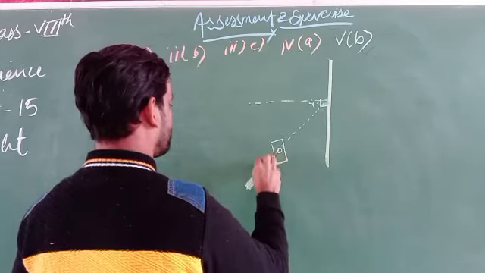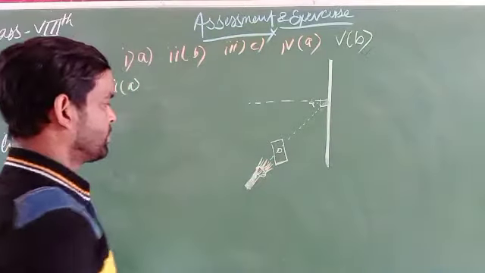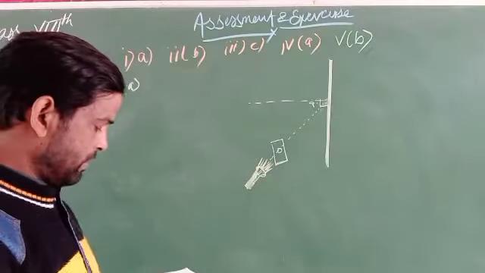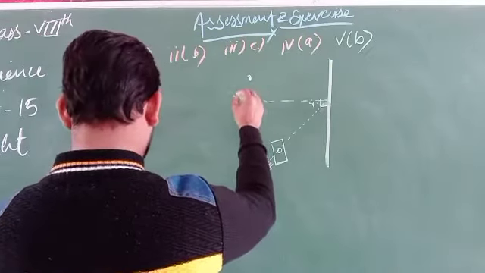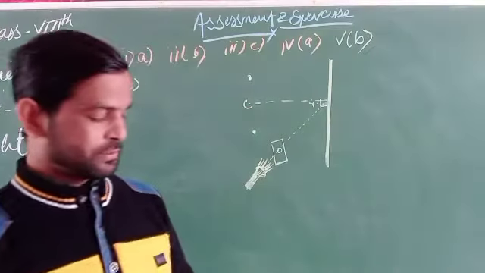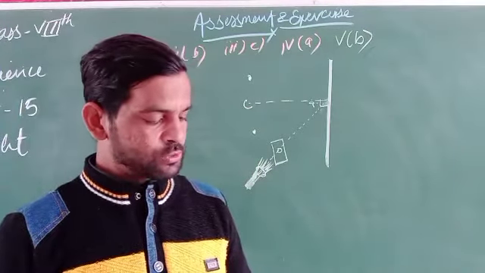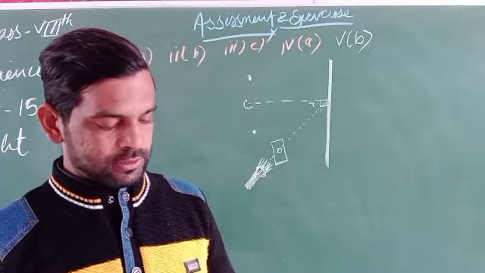When it focuses the torch, so here is a point D, B, C. So the question is, at which point should the eyes be placed so the hole can be seen?